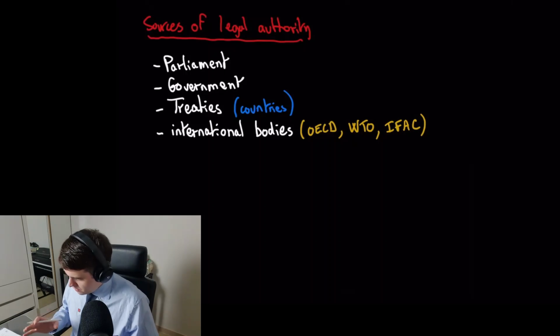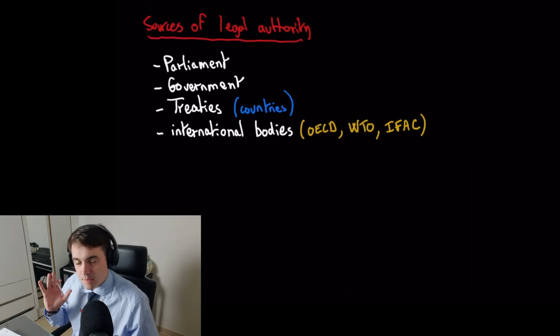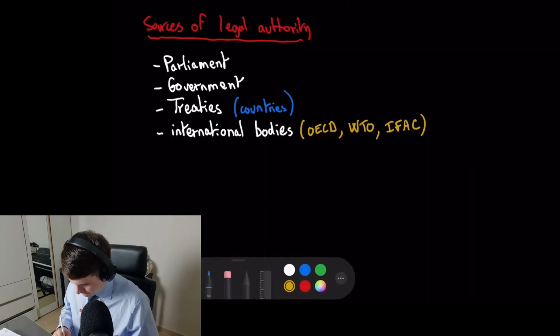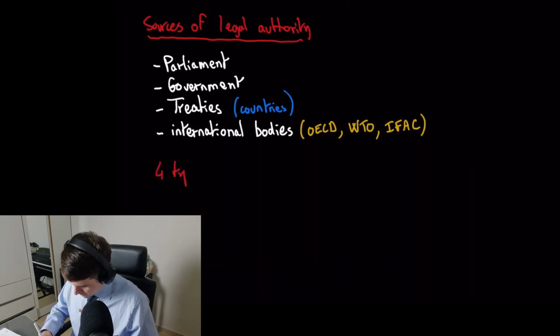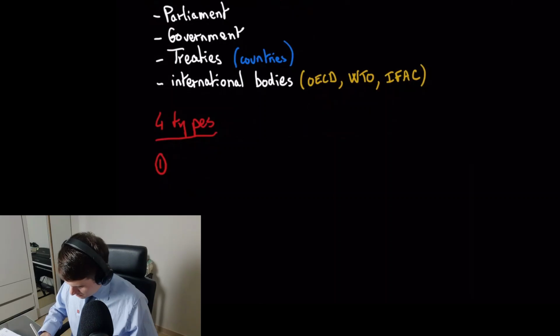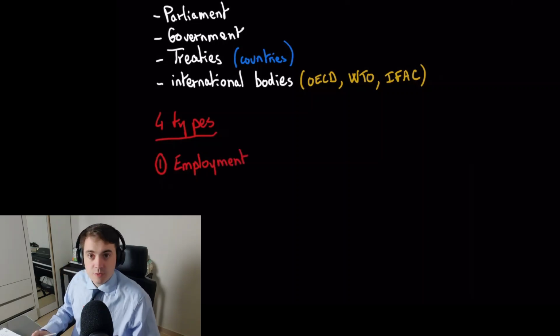Now we have four main areas of regulation inside the BT exam. There is number one, employment law, because BT is a mini program for how to become a manager inside a company.